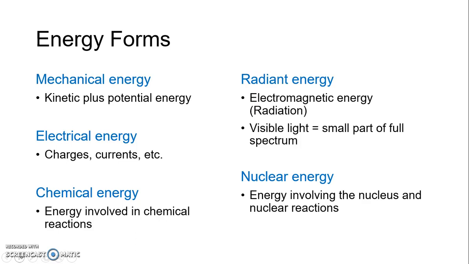One example of radiant energy would be visible light. That is a very small part of the full electromagnetic spectrum. One other type of energy is nuclear energy, the energy involving the nucleus of an atom and reactions involving those nuclei.